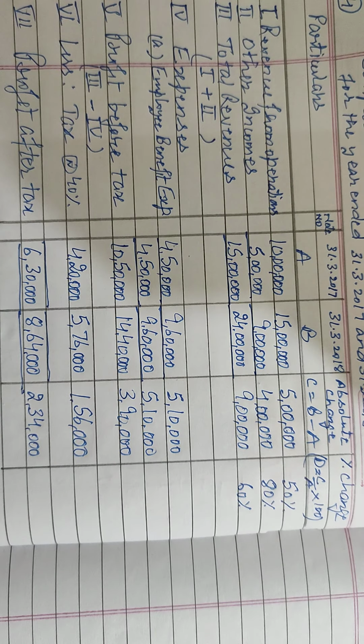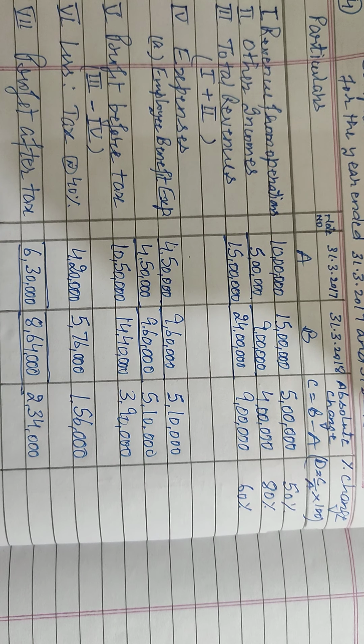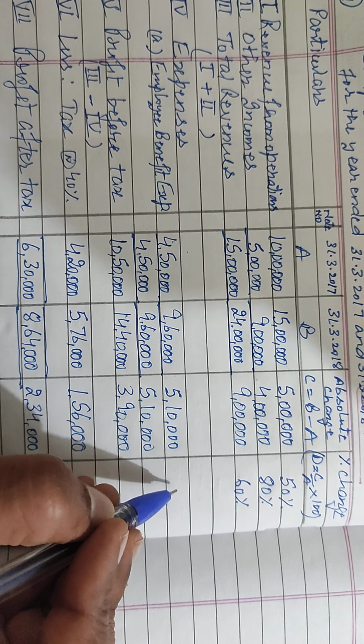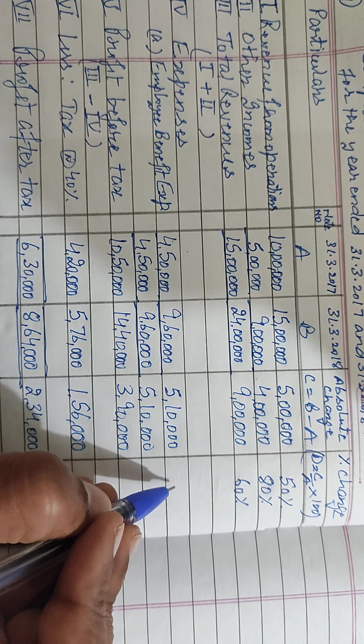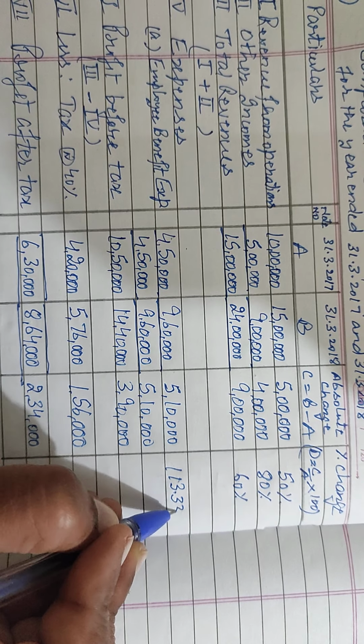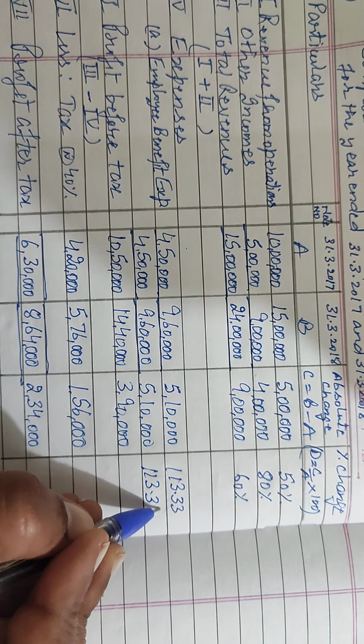Then 5,10,000 over 4,50,000, as a percentage, will be 113.33%. Again 113.33%.